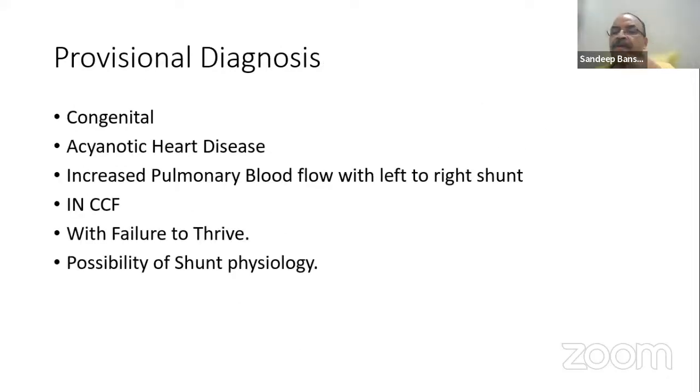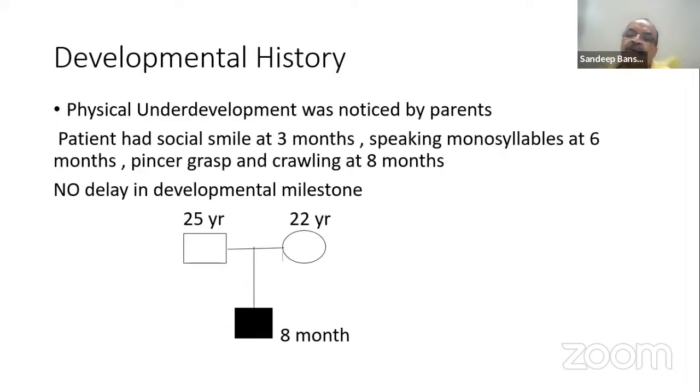Why did you mention the age of the parents? Sir, advanced maternal age is more associated with Down syndrome. Generally, age more than what? 30.